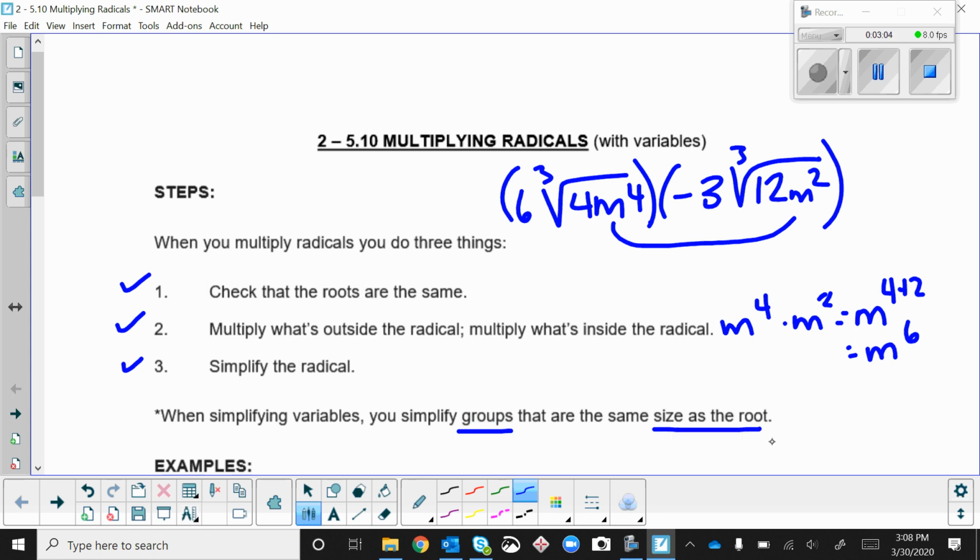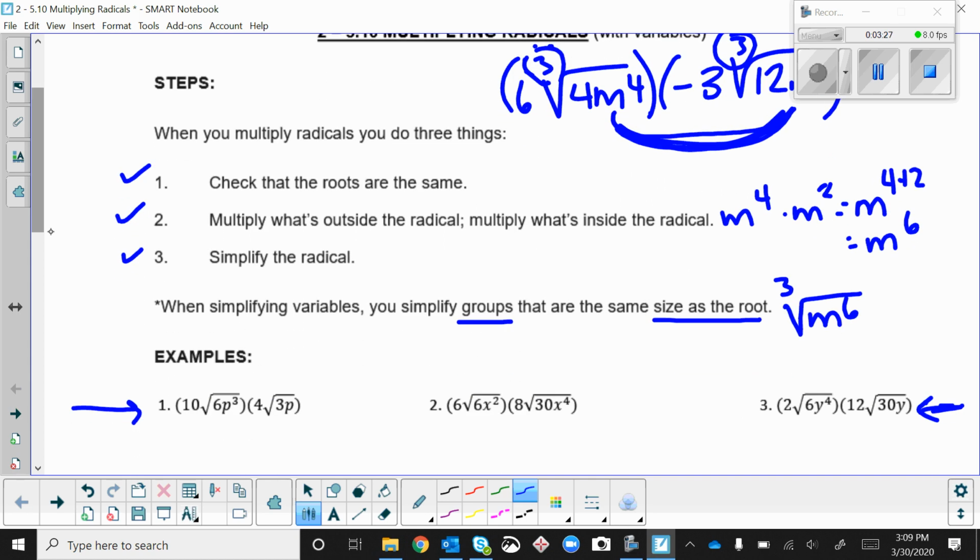So if we go with this same example that I already wrote up top here, if you were doing the m to the 4 times the m squared, and you've got a cube root of 3, and never mind the other numbers for right now, I'm just looking at the variables only, and you had the cube root of m to the 6th, remember that means you have 6 m's, and you're trying to simplify groups of 3.